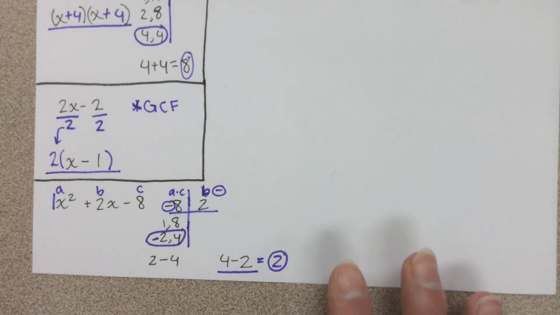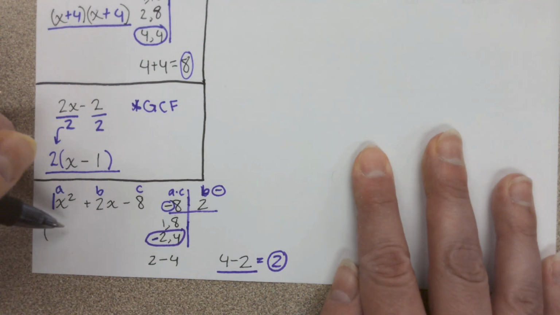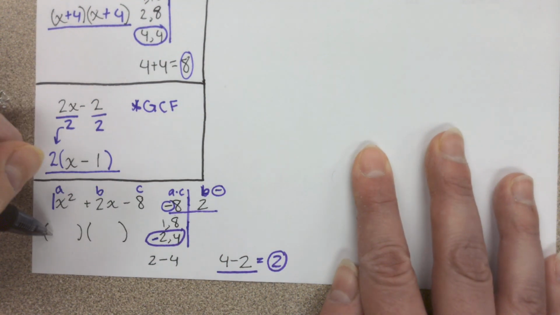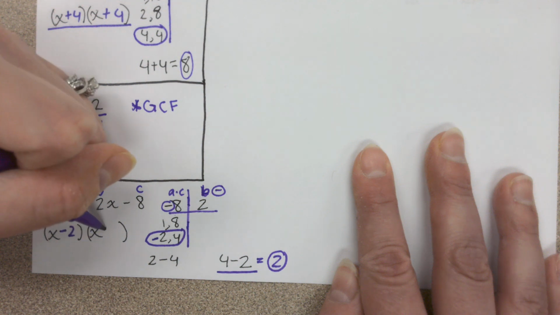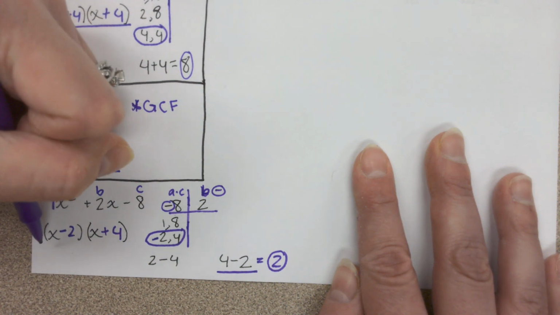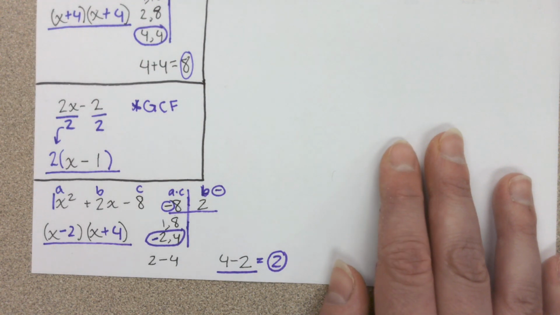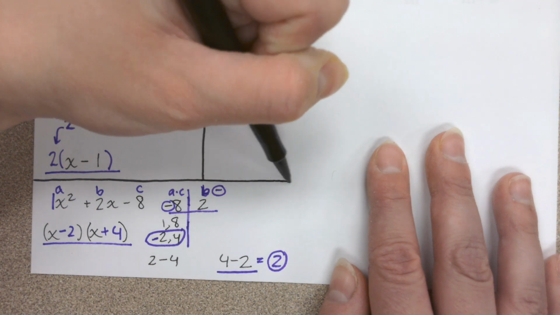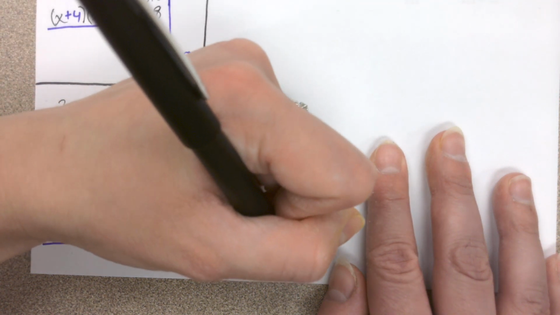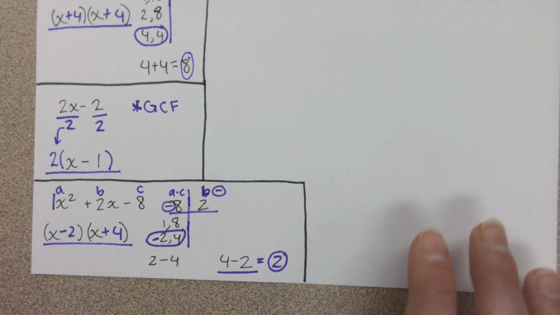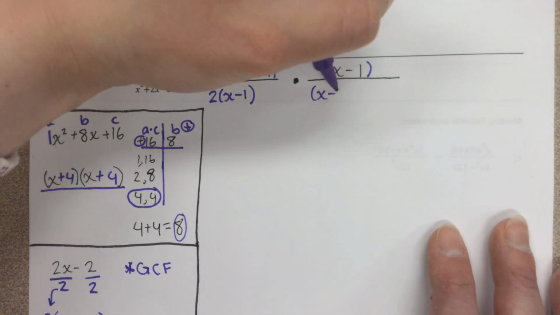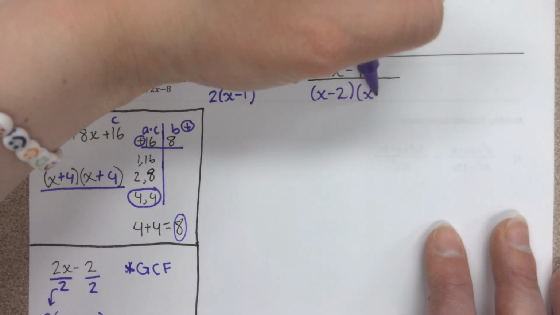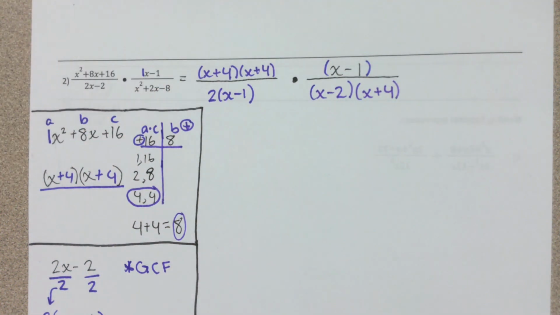So it's negative 2, positive 4. Those are the factors. And I'll replace those above. X minus 2, x plus 4.